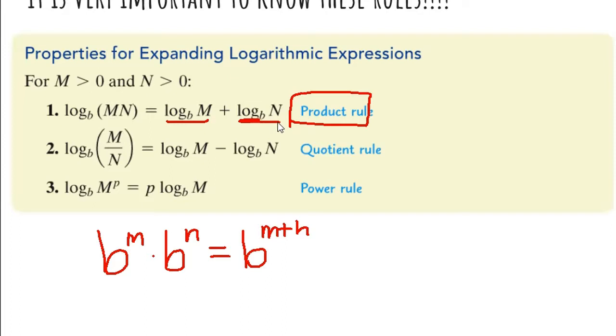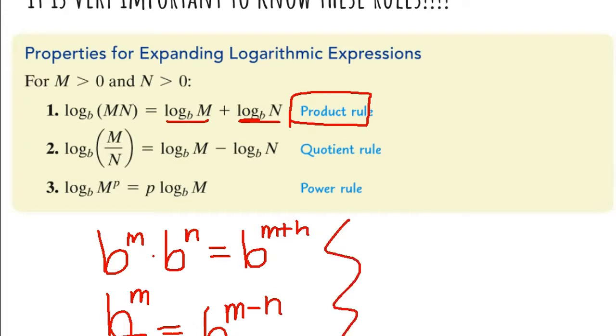In our rules of exponents, if I had division, then I subtracted the exponents. Similarly with logarithms, when I have division inside a logarithm, I subtract the separate logarithms. And our power of a power rule looks a little different than what you're used to, but if I had b to the m times n, you would have multiplied.